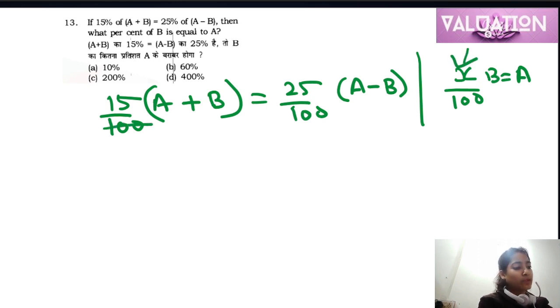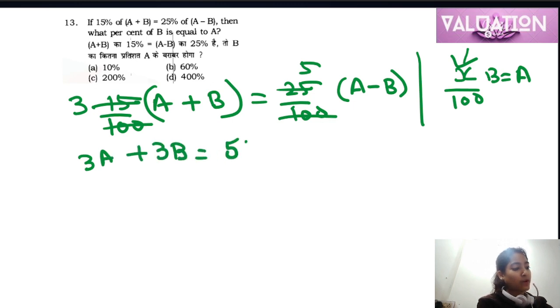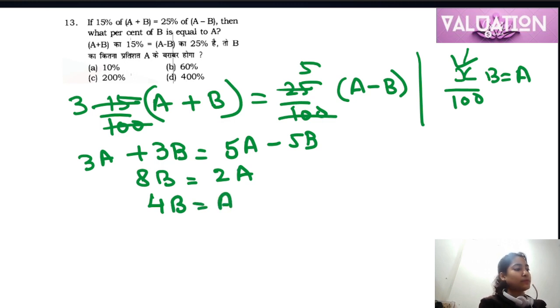So from here we can solve it. Here we will get 3a plus 3b is equal to 5a minus 5b, and then we will get 8b is equal to 2a, or 4b is equal to a. So let's put this value here in place of this.